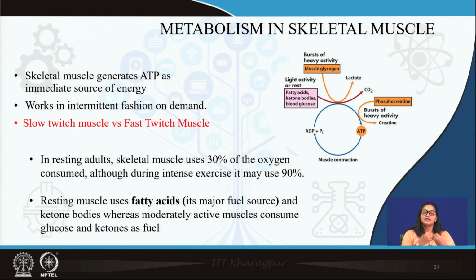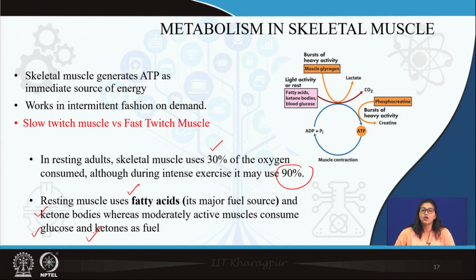When skeletal muscle is at the resting phase, oxygen utilization is around 30%, whereas in intense exercise that can go up to 90% of oxygen utilization. Now in resting muscle, the major fuel of choice is fatty acid and can be ketone bodies as well, whereas in moderately exercising muscle the fuel choice is glucose and also ketone bodies.